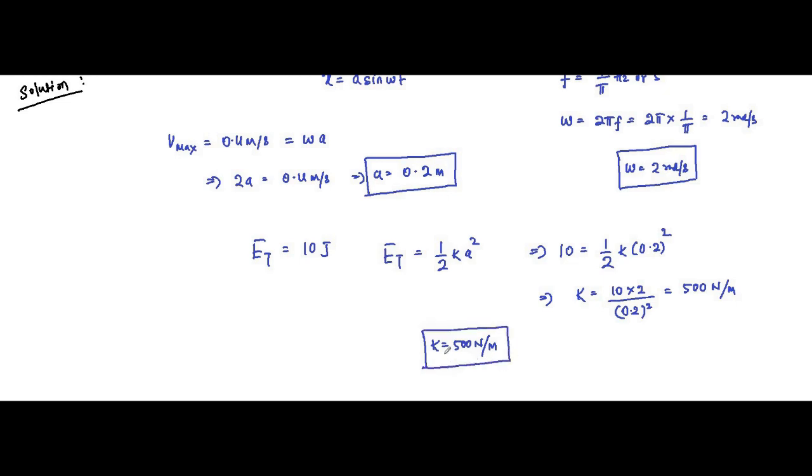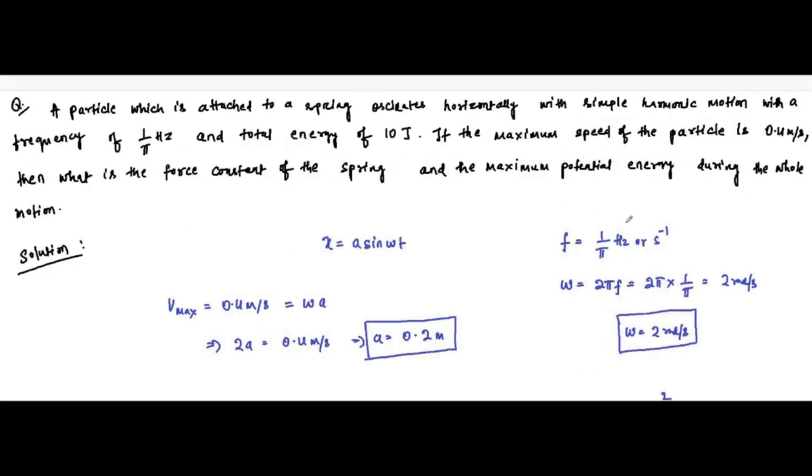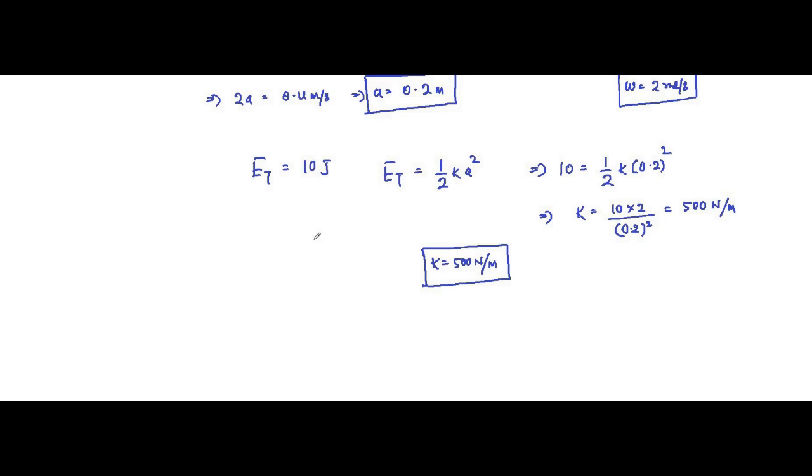Then it is asked to find the maximum potential energy. So as we have already discussed in the previous questions, the sum of kinetic energy and potential energy is always constant throughout the SHM motion.